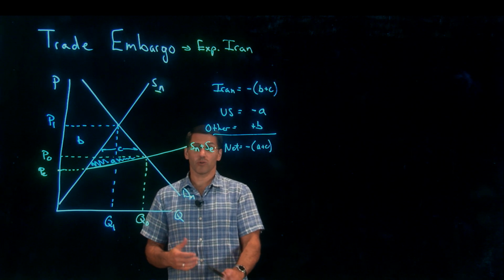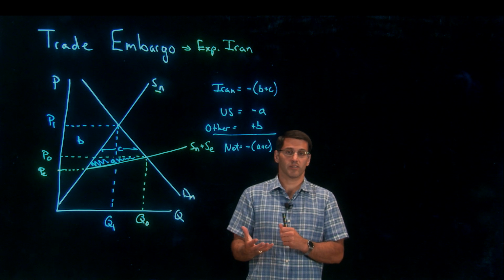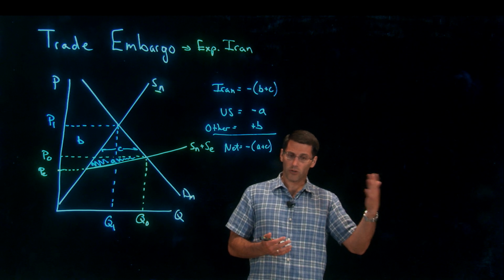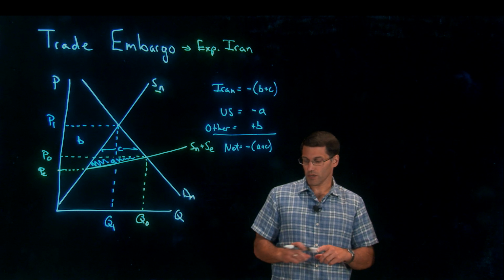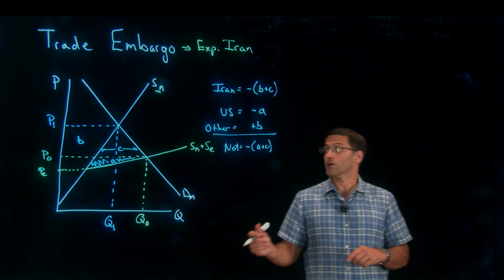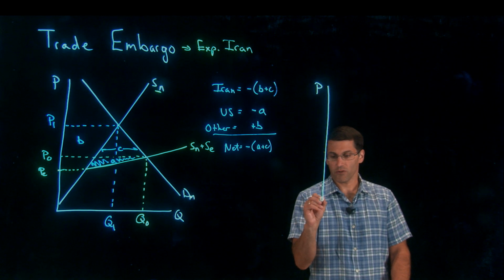However, embargoes very frequently fail. They fail either because economically they're not successful, or they're not successful politically. And we'll touch more on political failure of embargoes in class. But here I do want to illustrate an example where a trade embargo is not successful for economic reasons.